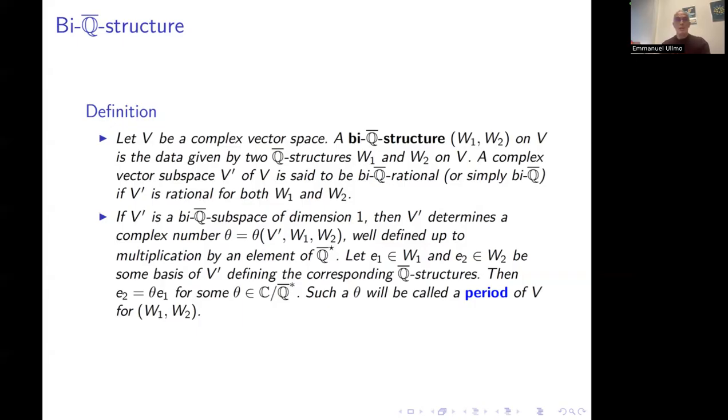And then the scaling between the two elements is some well-defined number modulo multiplication by an element in Q-bar star. And you call this a period of V' for this B Q-bar structure.